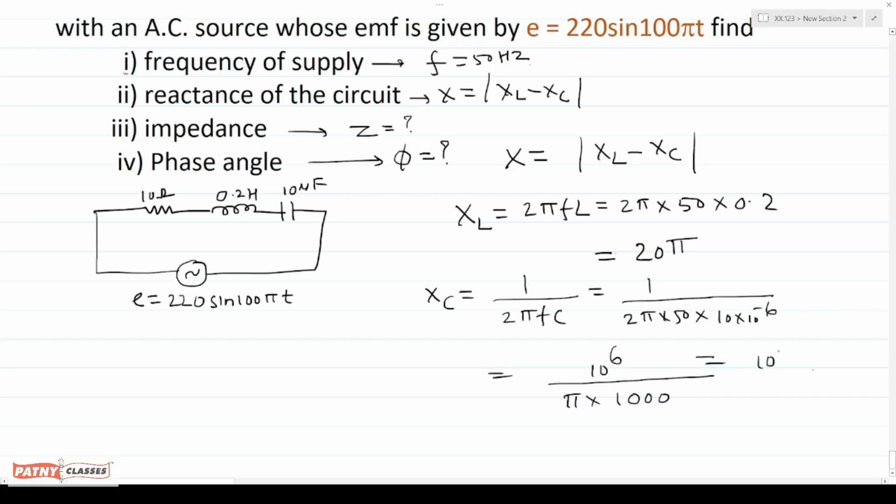So that is equals to 10 raised to 3 upon pi, which is 0.318 into 10 raised to 3, which is equals to 318 ohms. XL equals to 25 ohms and XC equals to 318 ohms.